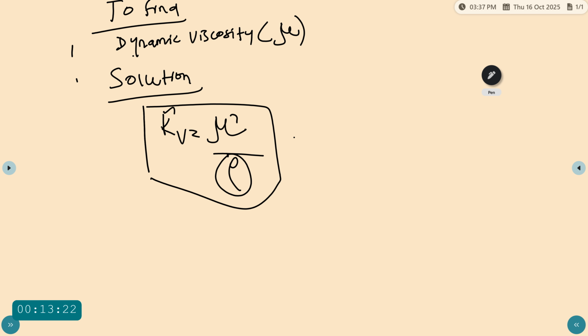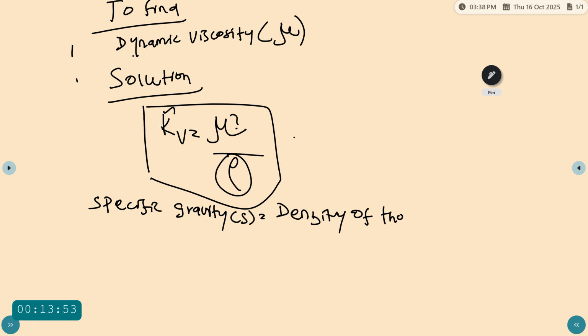So what additional data is given? The specific gravity of the fluid is directly given, called S. We know specific gravity is the density of the fluid divided by the density of a standard fluid. The standard fluid is water, so the density of water.